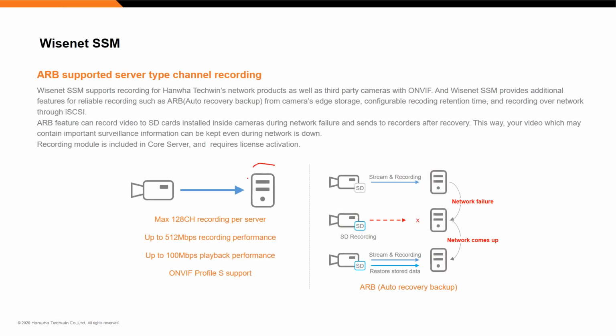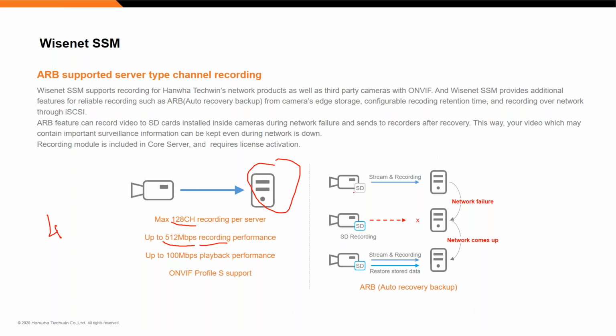Each server supports 128 cameras, up to 512 recording throughput, only for recording. Live view is a separate 400, then playback is another 100, so it's all separate. So if you're recording a 4K camera that requires 5 Mbps, you can put around 110 cameras.